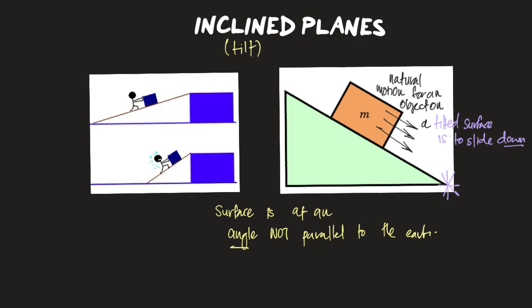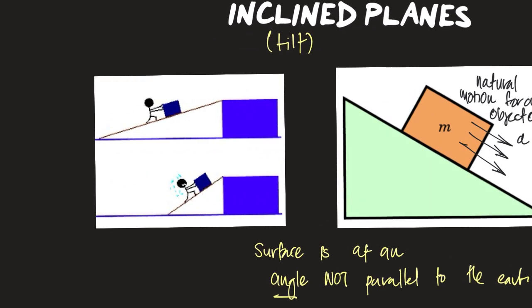Now the rate at which it slides down, right, down that surface is dependent on how tilted the surface is. So if I look at this little scenario over here, and I look at these angles here, so I could say, for example, that that angle there may be 30 degrees. And this angle here may be 45 degrees.